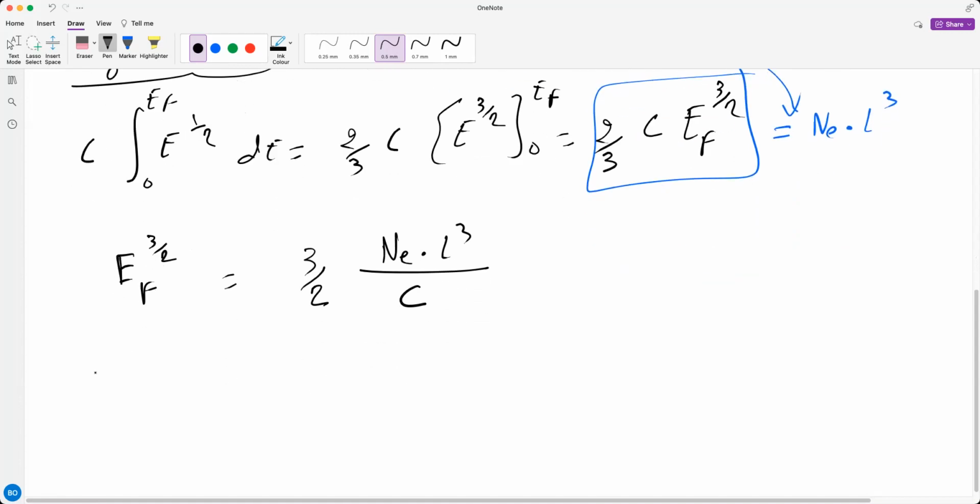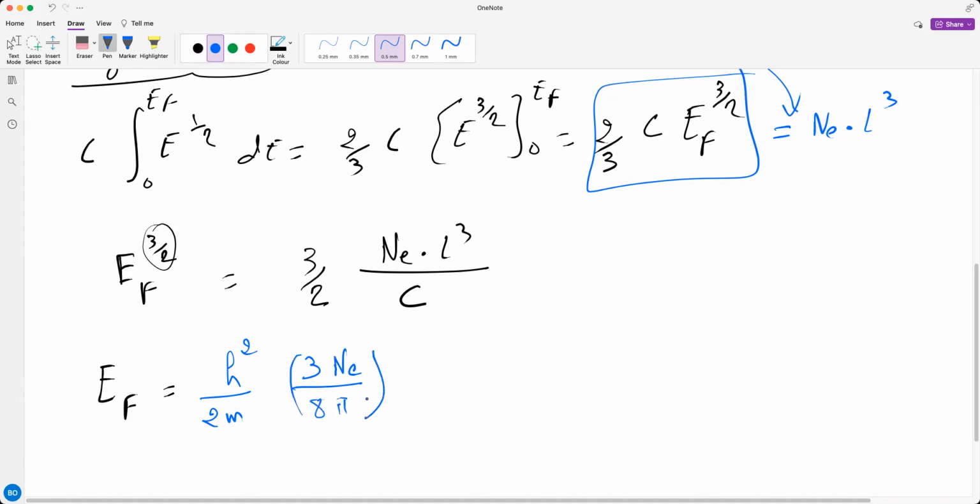Then I can easily calculate EF by just isolating this. So this will just put everything to the power of 2/3. And this will give you the Fermi level is equal to h squared, Planck's constant, divided by 2 times the mass, and then 3 times the density of free electrons divided by 8 pi, everything to the power of 2/3.